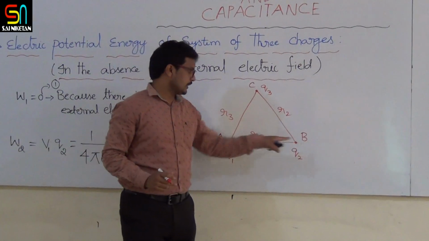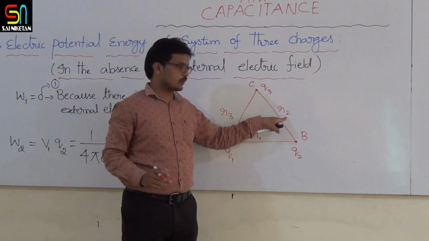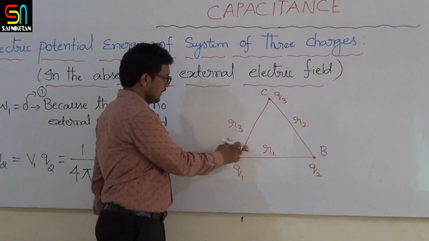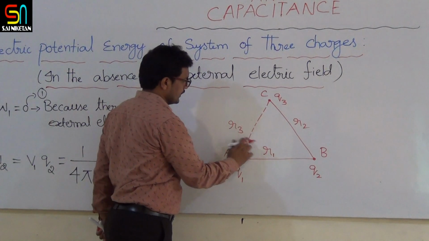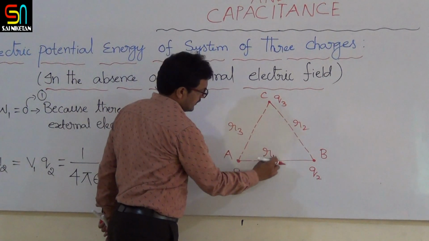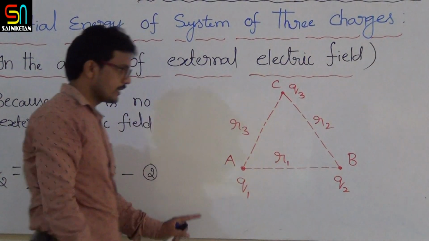So A to B the distance is R1, B to C the distance is R2, and A to C the distance is R3. We are representing these with the dotted lines. So now we assemble all 3 charges.